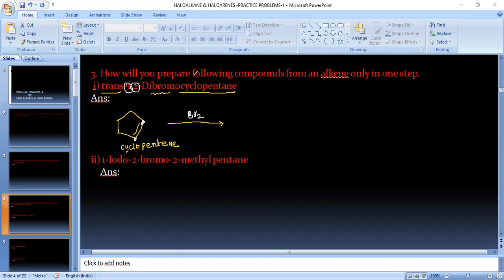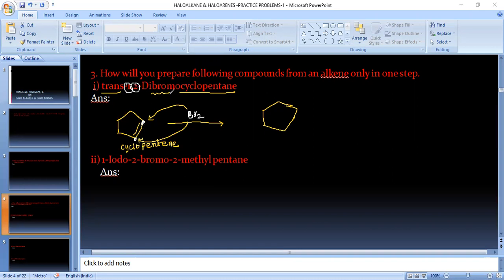Let us try to write that same compound. Whenever one bromine attacks this carbon, another bromine attacks this carbon, then the double bond is converted to a single bond.